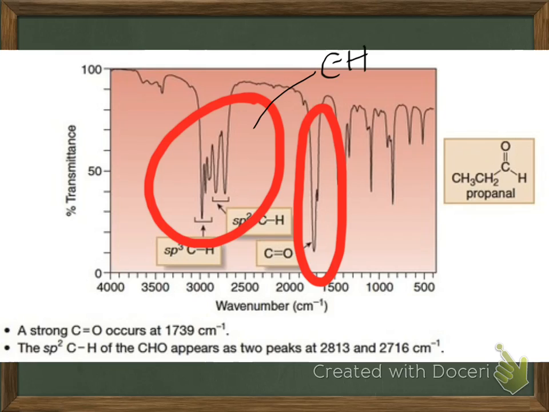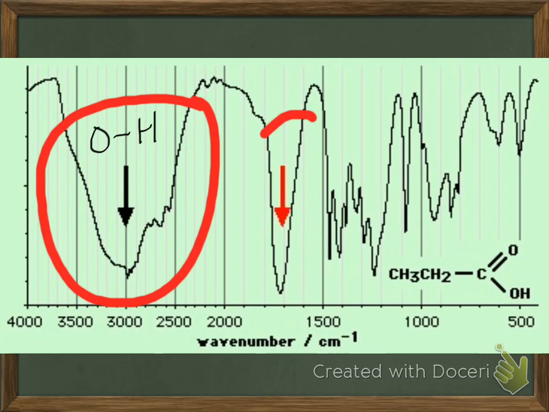Now we're going to compare this one to propanoic acid, because propanoic acid is very interesting, and this is the next slide. Straight away you can see again you've got the carbonyl group at the 1700-1600 range, and now we've got a really large broad band up around the 3000 mark, but it goes from 3600 down to about 2300.